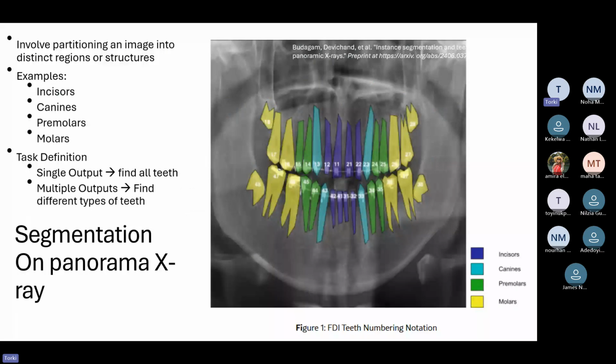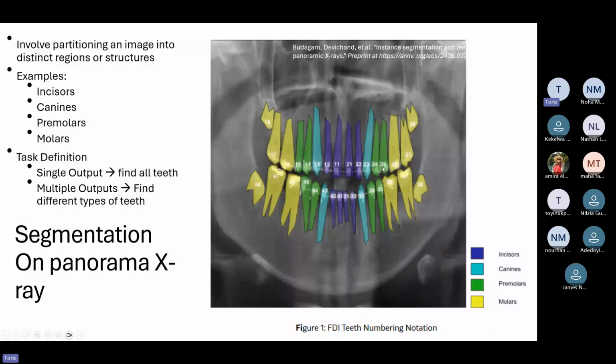Another example may be coming from panorama X-ray. Here we would like also to do semantic segmentation. In this example, we would like to segment the pixels that belong to the incisors, which are colored with the blue color, and canines with the cyan, and premolars with green, and molars with yellow. Okay. So maybe some other researcher doesn't want to work on semantic segmentation for 4 classes.